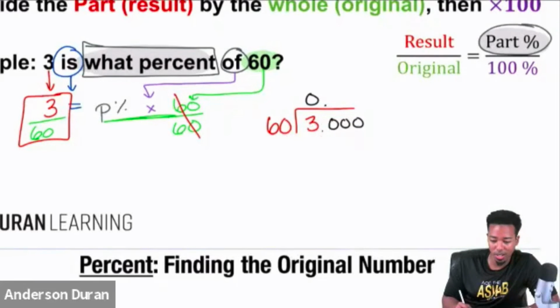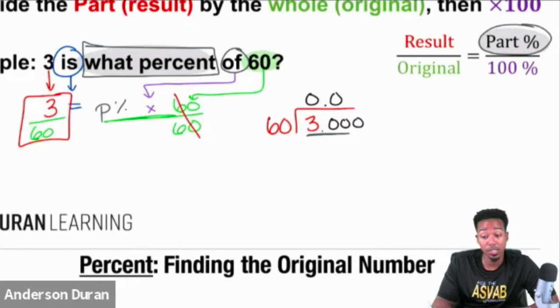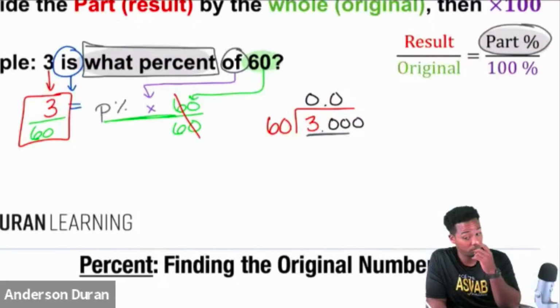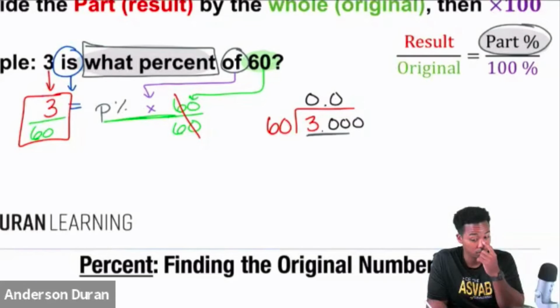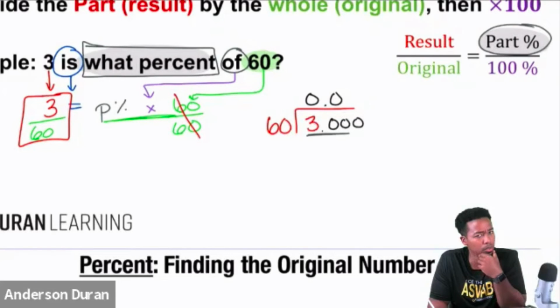Not quite, so we'll put another 0 there. Does 60 go into 300? It does. How many times? Not 3, not 2, 5 times.